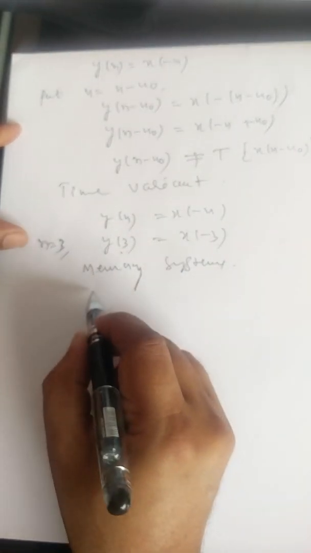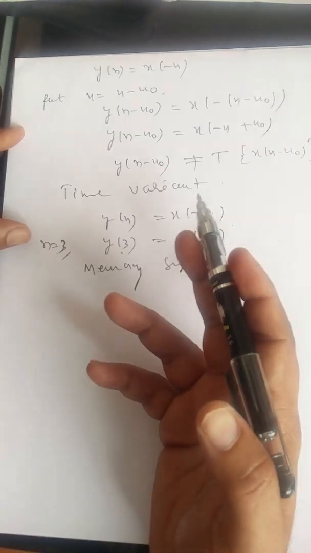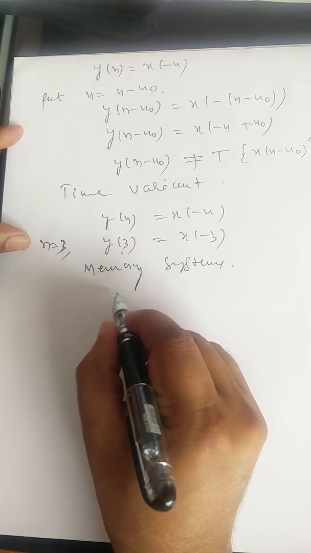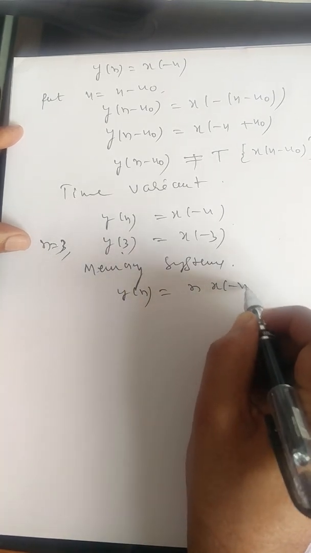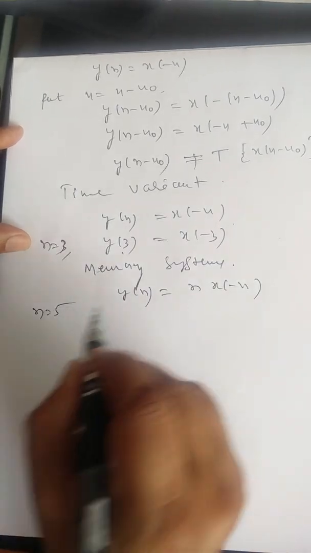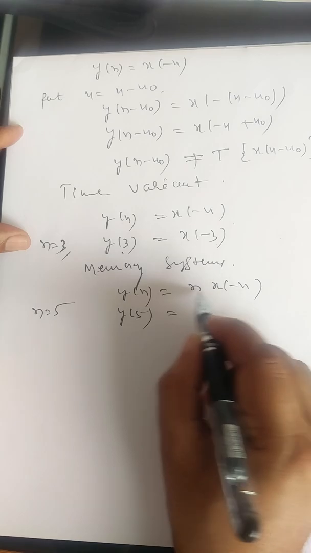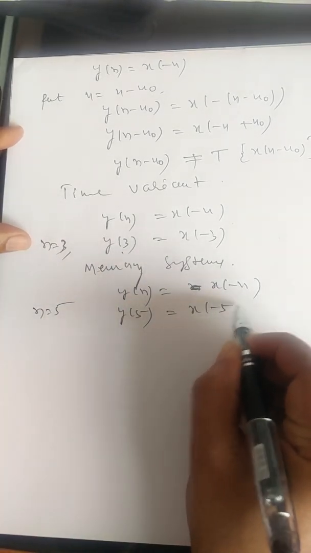Causal or non-causal. Here the output depends upon the past values of the input. It does not depend upon the future values. Hence it is a causal system. For example, take n is equal to 5. y of n is x of minus n, so y of 5 is x of minus 5.